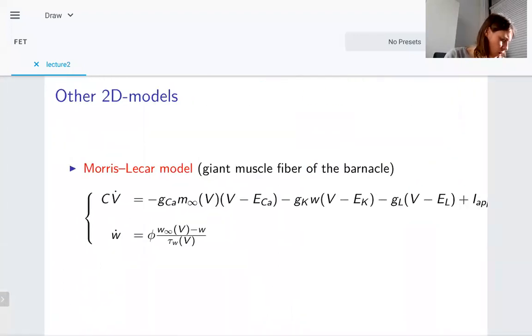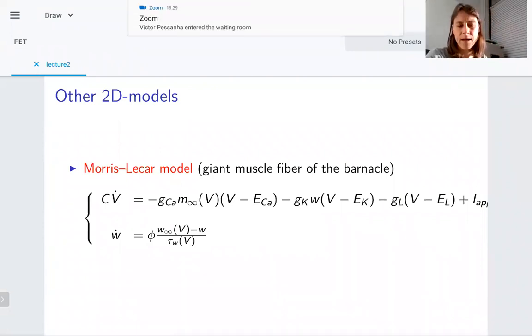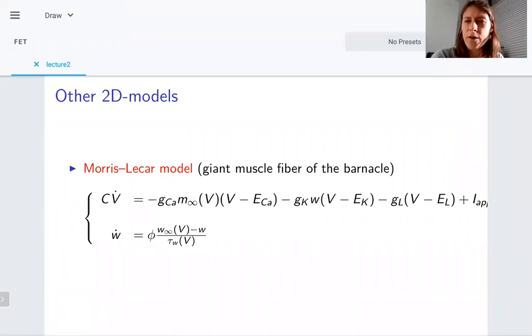Okay. One is the Morris-Lecar model, which is a model designed by Morris and Lecar to describe the membrane voltage for the giant muscle fiber of the barnacle. Okay.